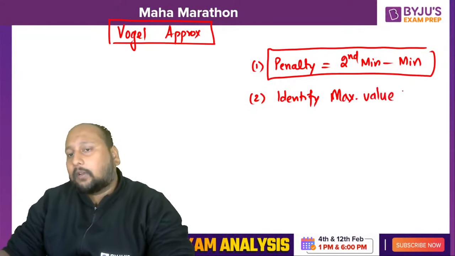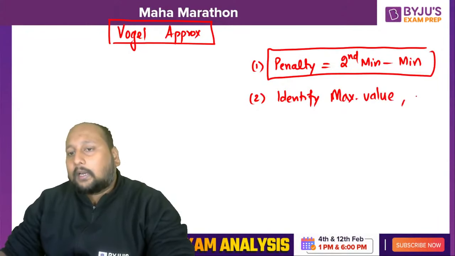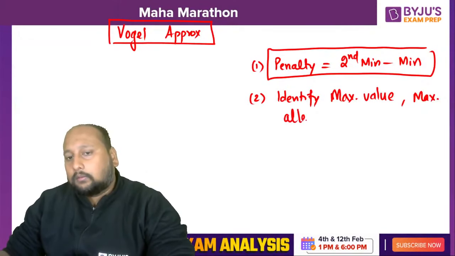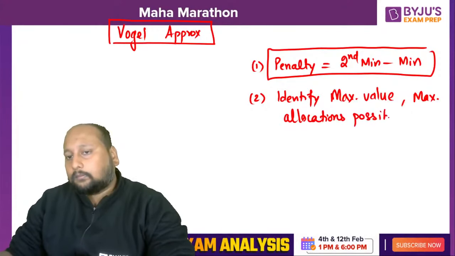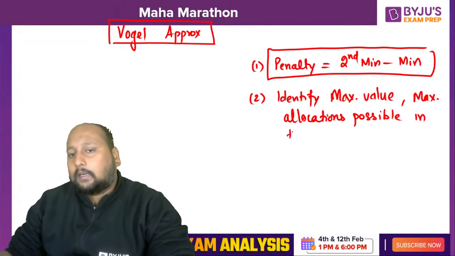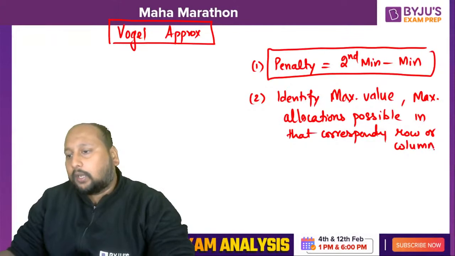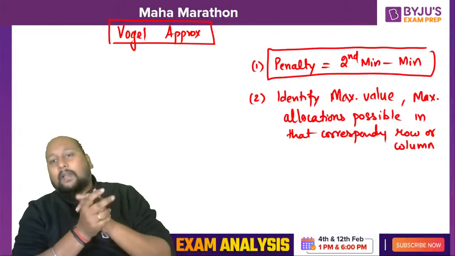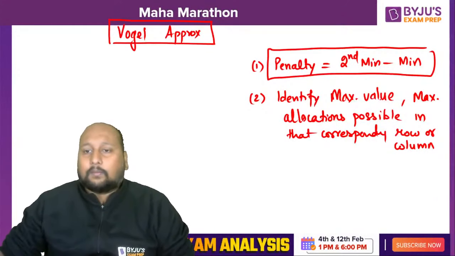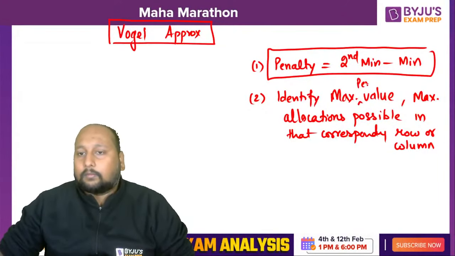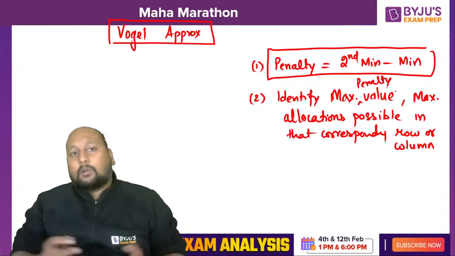Among all the penalties that you have calculated, identify the maximum value and try to make the maximum allocation possible in that corresponding row or column, wherever you have the maximum penalty value. By doing this, we get the Vogel's approximation.